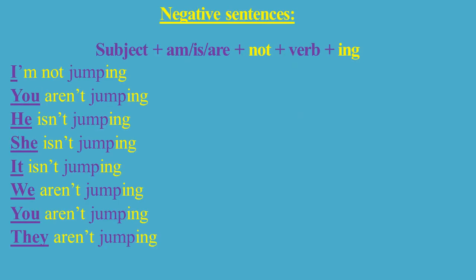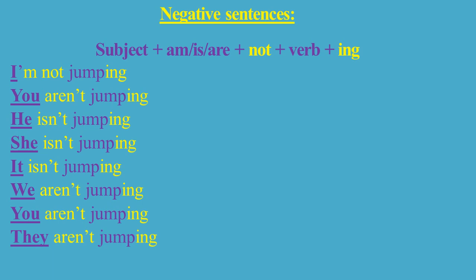Okay, so how do we make negative sentences? We usually make negative present continuous tense sentences with the formula subject plus am, is, are plus not plus verb with an ing ending. And let us look at the examples. I'm not jumping. You aren't jumping. He isn't jumping. She isn't jumping. It isn't jumping. We aren't jumping. You aren't jumping.